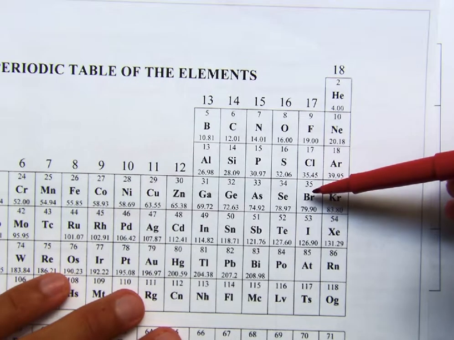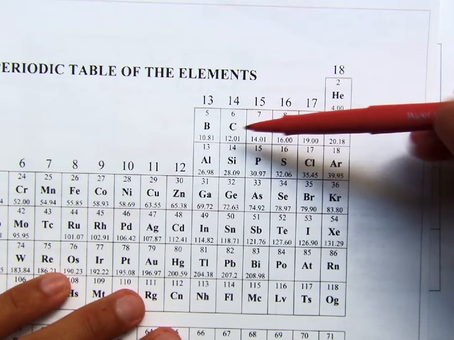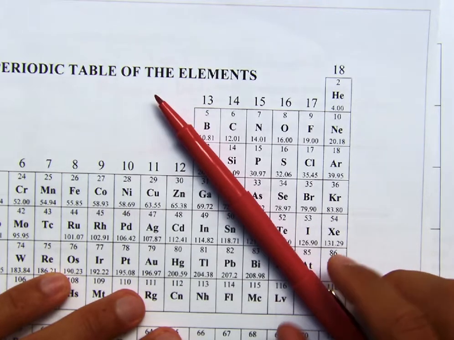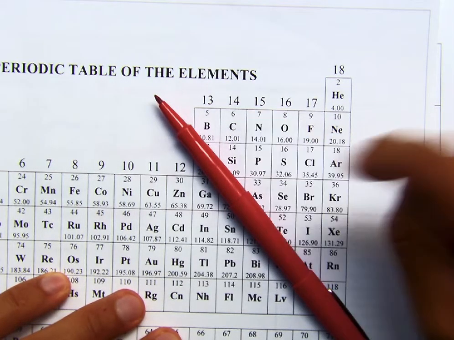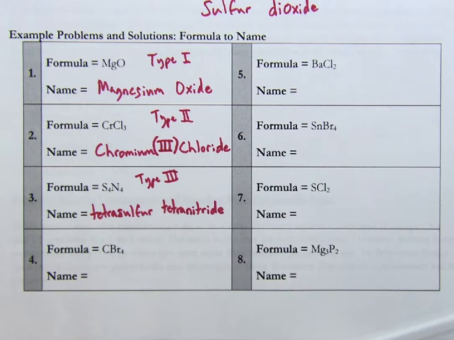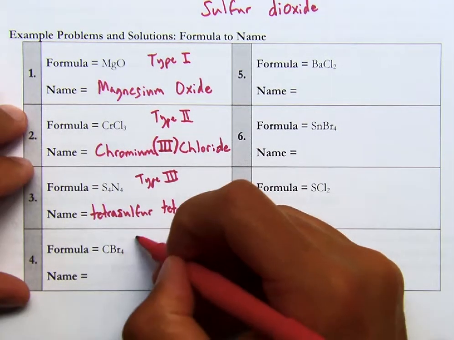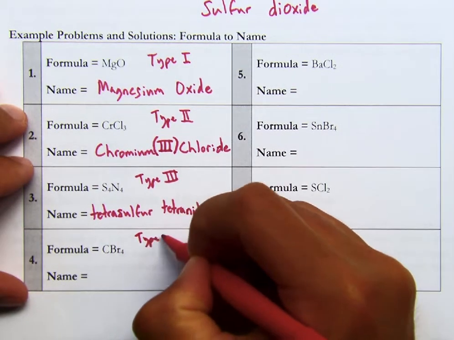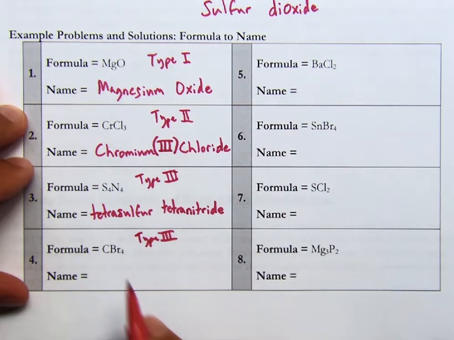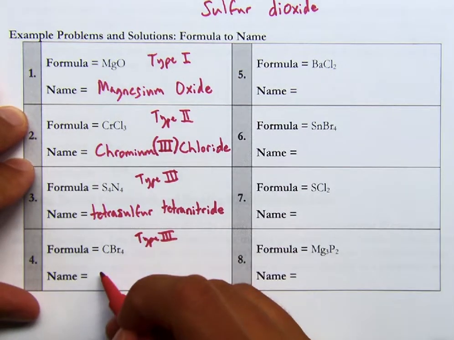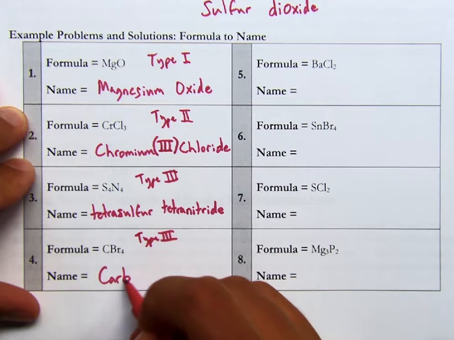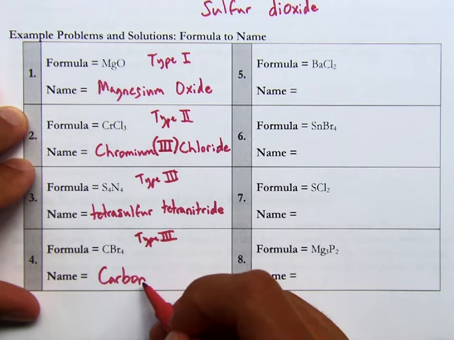If you look over here on the periodic table, bromine is right here, carbon's right here. These are both nonmetals. That means, again, this is type 3. We just have one carbon, so I'm going to write carbon. It's not monocarbon, it's just carbon.